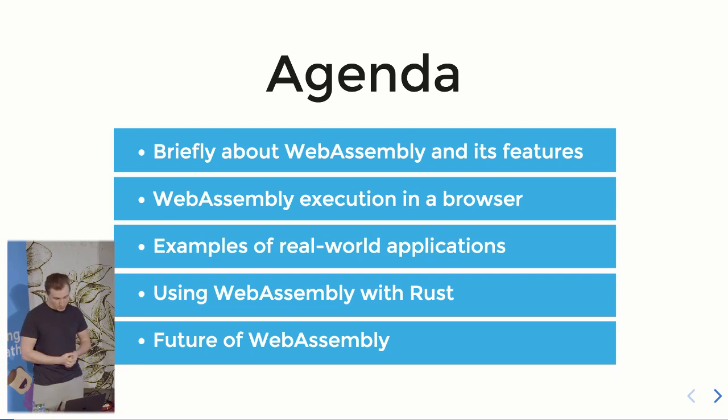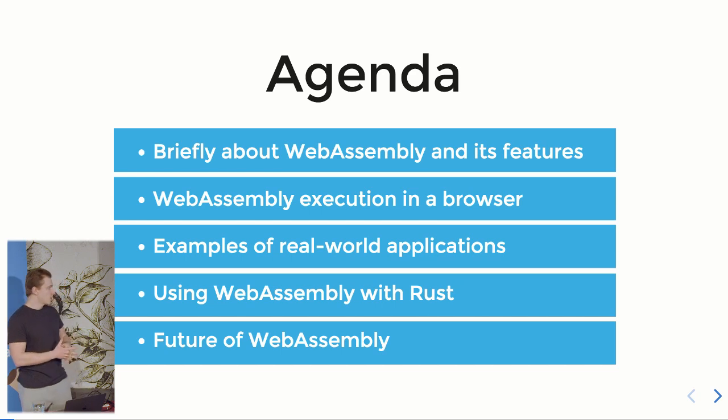So the agenda for my presentation looks as follows. First, I'm going to briefly describe what WebAssembly is, why it was created in the first place, and what problems it aims to solve. We're going to take a look at how WebAssembly gets executed inside the browser. Afterwards, I would like to show you an example of one real-world application that already benefits from the technology.